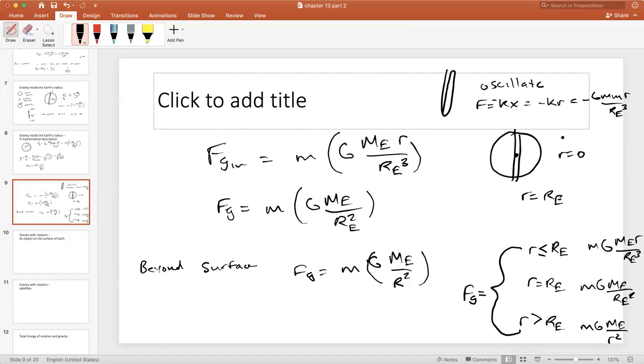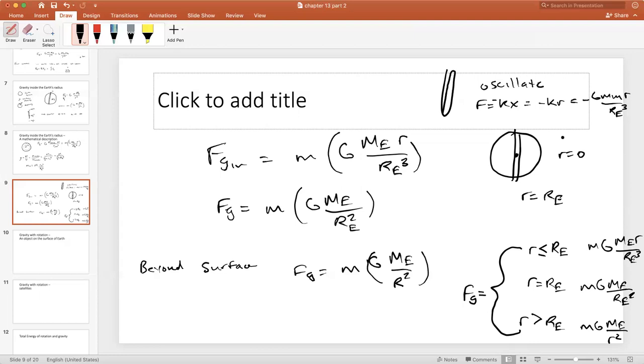We'll talk about that when we do chapter 15. We might not talk about it in this sense, but we'll talk about restoring forces and central forces. But you can keep that in mind, that if you did dig a hole through the earth and there was no air drag, the object would just oscillate. It would go from one end to the other, back and forth, exchanging potential energy and kinetic energy at every part of the path.